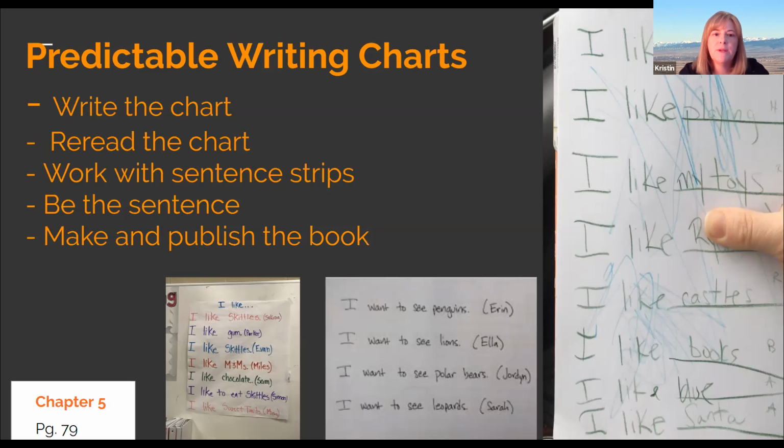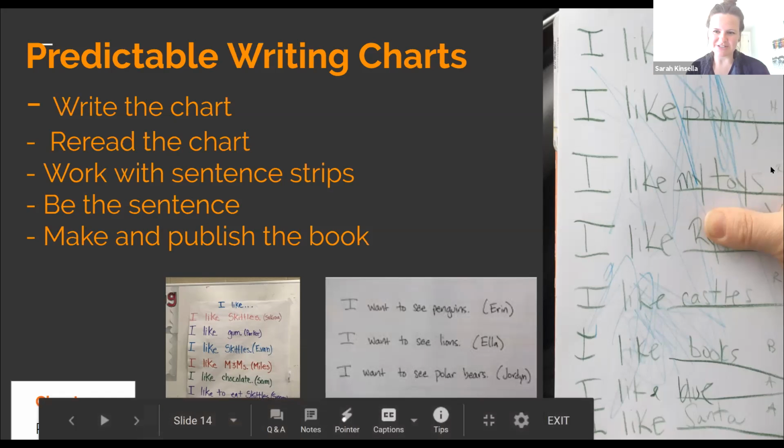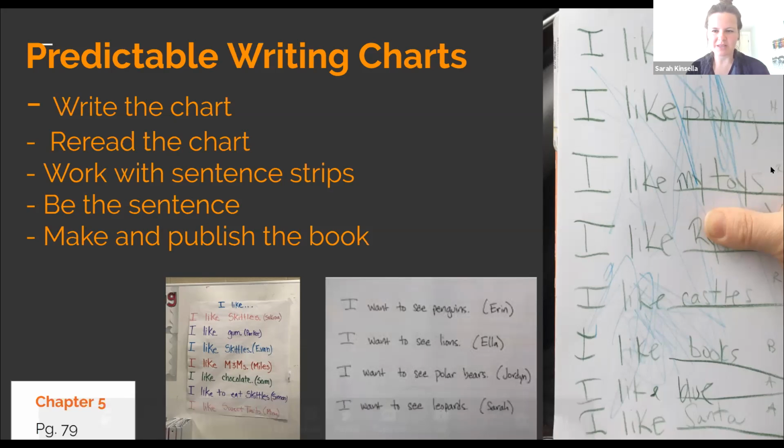Anyone else using predictable writing charts or have any thoughts about this section? There's also a comment that it's reminding this person of GLAD strategies, which I think is Guided Language Acquisition Design.